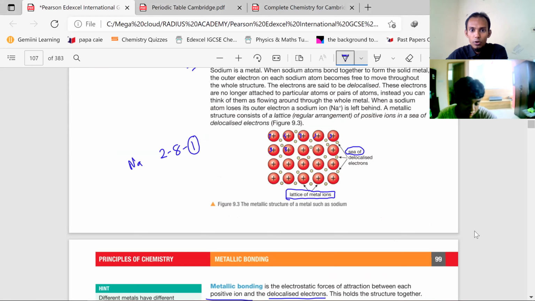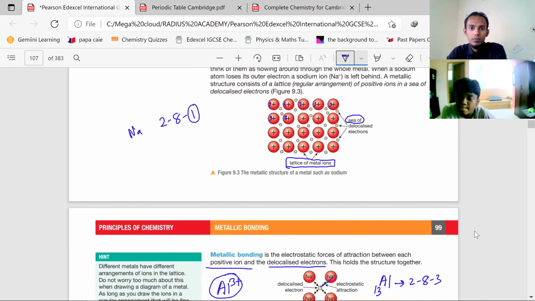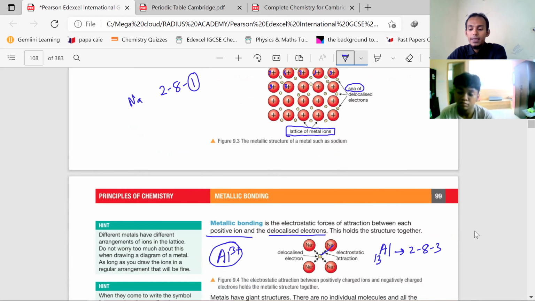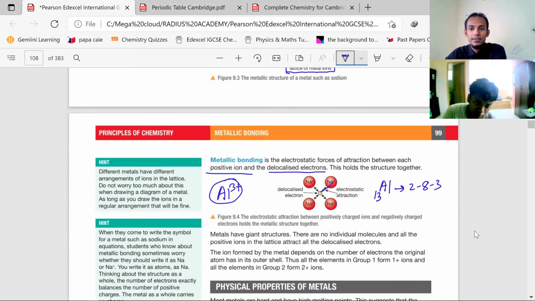Do you understand? All of them will be 3 plus. So the charge on the metal ion will be 3 plus, and the number of delocalized electrons per atom will be 3, right?